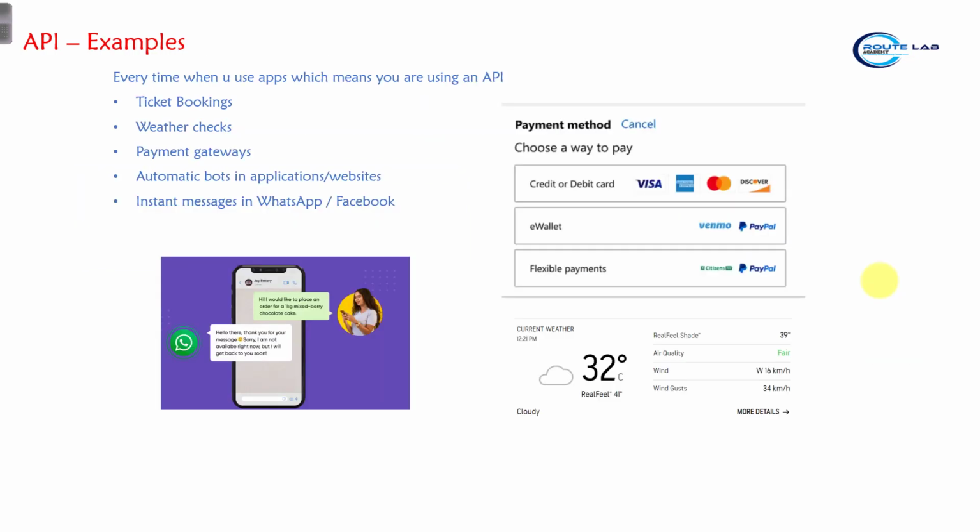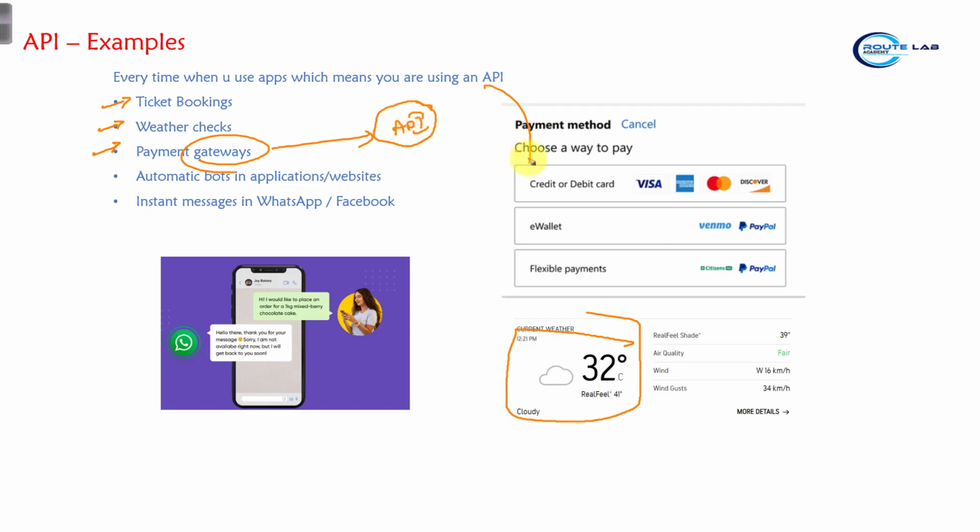And coming to the examples we have already discussed, like booking flight tickets or booking hotel rooms, or if you want to see weather updates like AccuWeather, which shows you the information about your weather. Or if you are doing any kind of online payments where payment gateways are used, that is something called an Application Programmable Interface. Whenever you try to make any kind of payment on the website, you will select some options here.